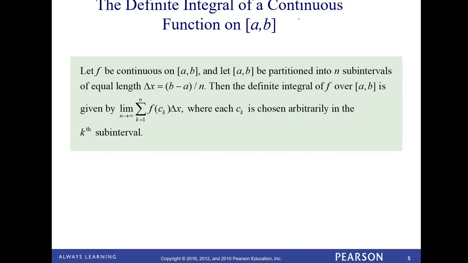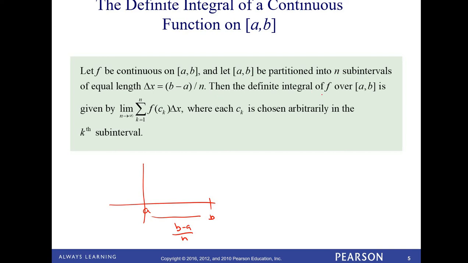So, the definite integral of a continuous function. Let f be continuous on a b, and let a b be partitioned into n subintervals of equal length. So I'm going to take my interval from a to b, find that distance, b minus a, and divide it by n intervals.